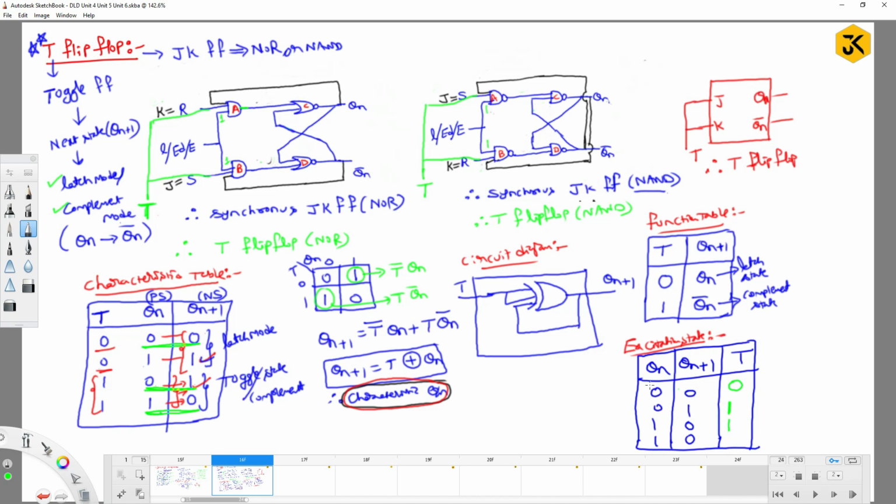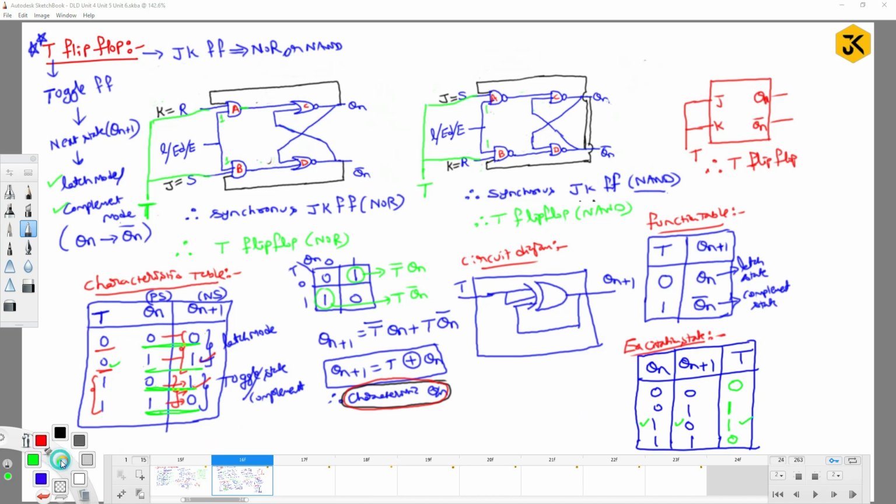If it is 1 1, what might be its respective value? 0. Means we can simply define that if my present state is 1 and next state is 0, its input will be 1. So this is the way you can draw the excitation table, right, guys?